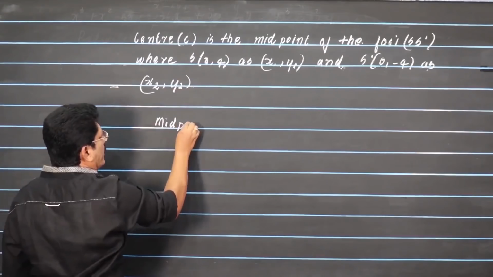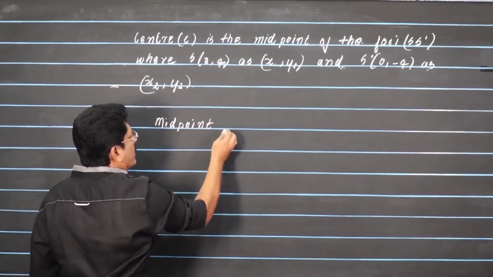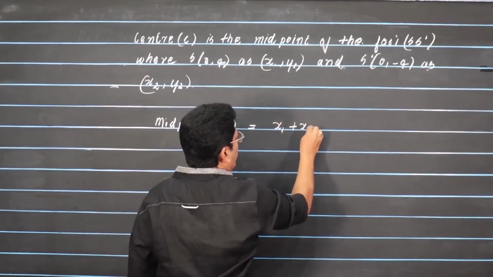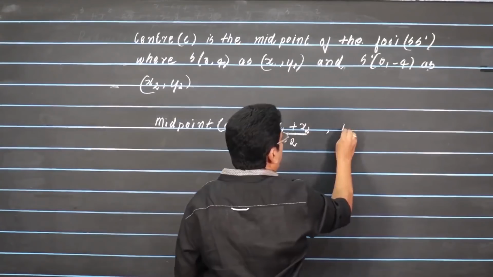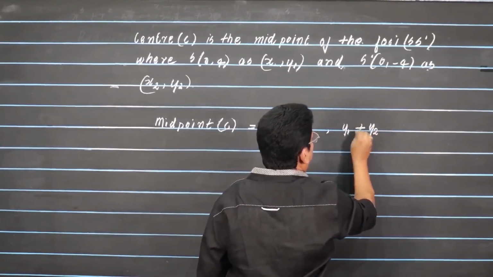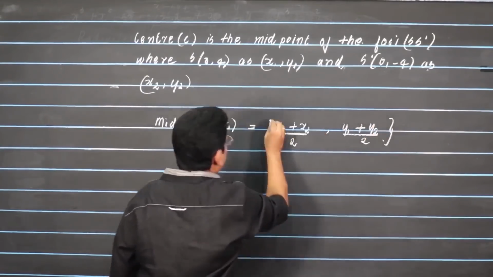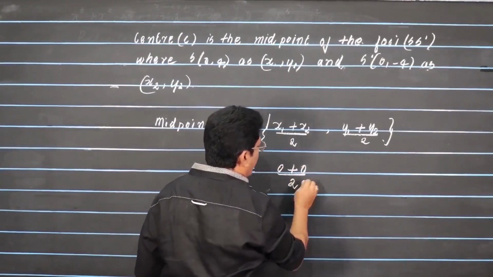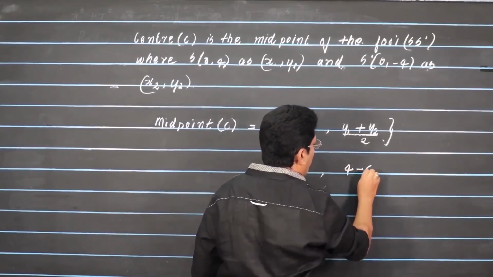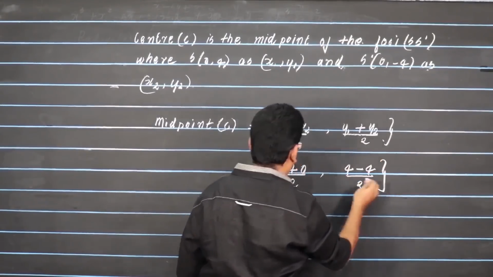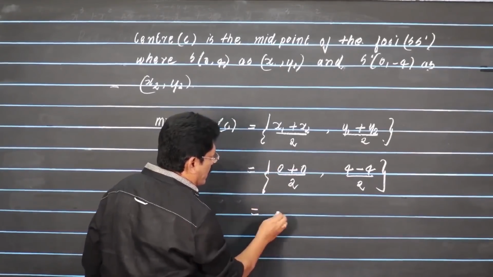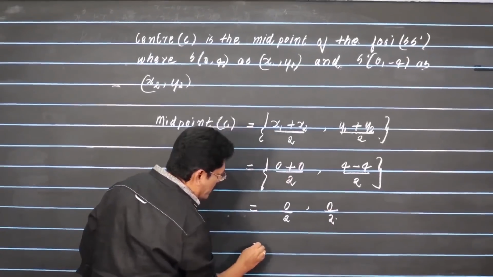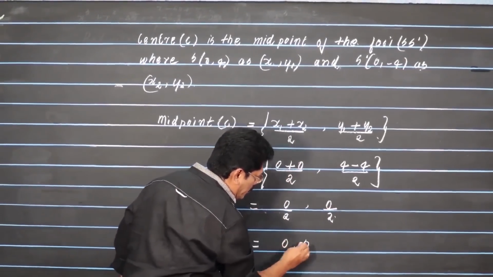Midpoint C is equal to x1 plus x2 by 2, y1 plus y2 by 2, which is equal to 0 plus 0 by 2, 4 minus 4 by 2, which is equal to 0 by 2, 0 by 2, which is 0, 0.